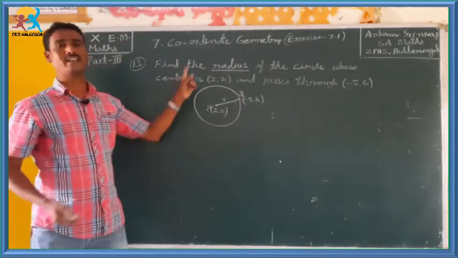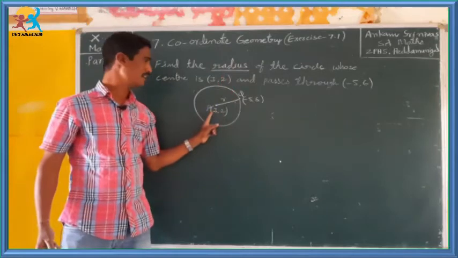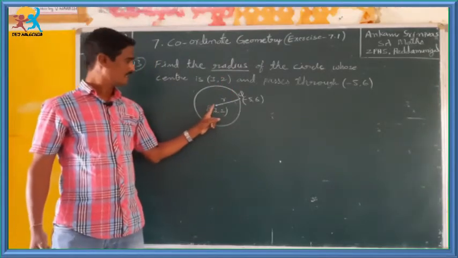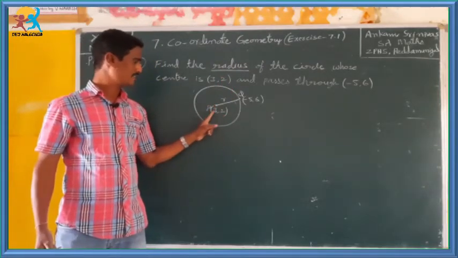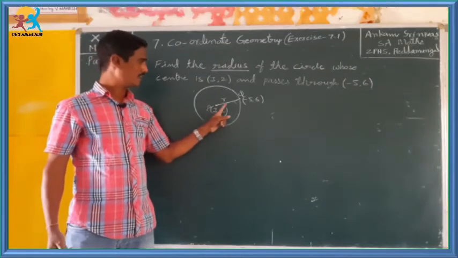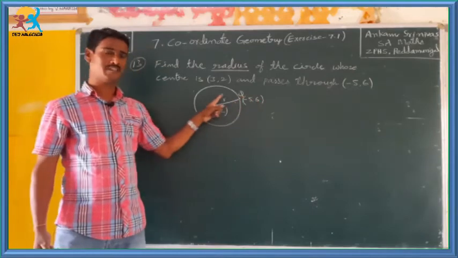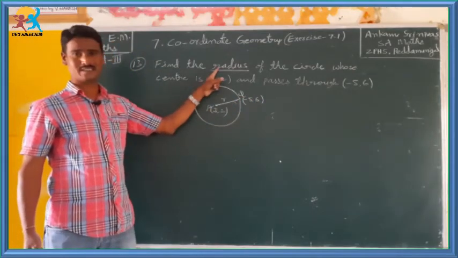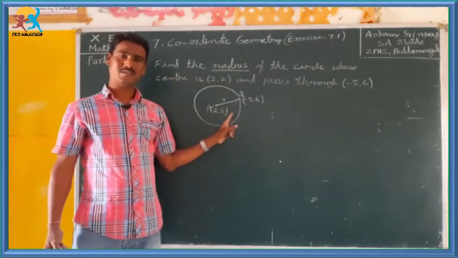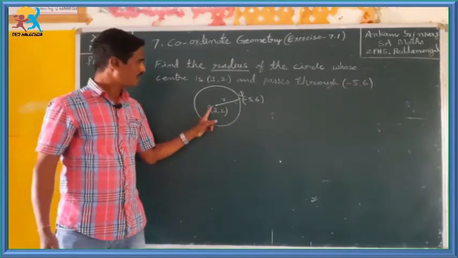So to find the radius, we have to find the distance between the center of the circle 3, 2 and a point on the circle minus 5, 6. We can get the radius. Okay, do it yourself, try, you can get it easily.